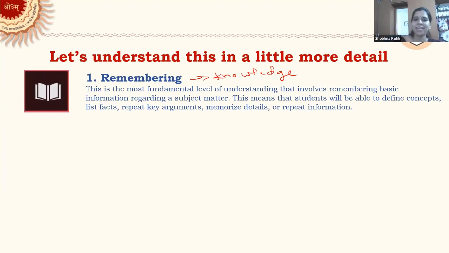Am I right, teachers? When a child is at this level, we can say the child is in the remembering level, the very first level of the taxonomy or learning skill. Now, can I have a few more examples from your side? What kind of question can we cover in the remembering level?